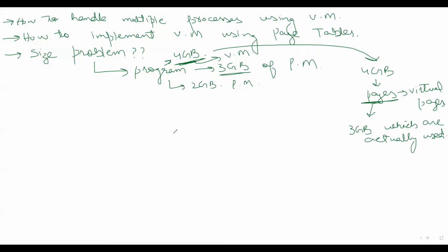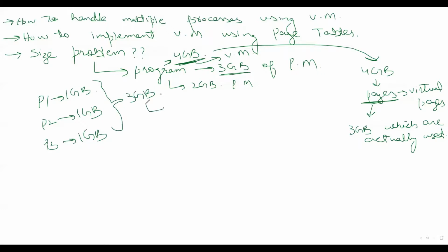Or in other words, let's suppose I have process 1, process 2, process 3. Each of them needs 1 GB of actual memory. So in total we need 3 GB of memory, but there is only 2 GB of physical memory.